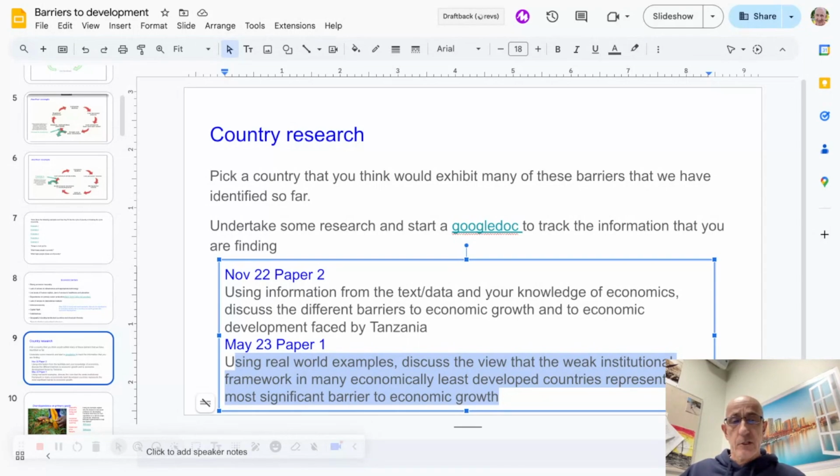This is an interesting question because you're not going to be expected necessarily to know all of the barriers, but with this question, the focus is on institutional framework, so you definitely need to know what that is. But then the discussion in this question is going to be on the extent to which institutional framework is the most significant barrier. So you can bring in any of the other barriers, maybe 3, 4, 5 maximum, in order to help answer that question.